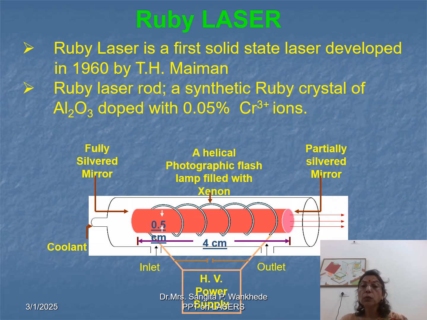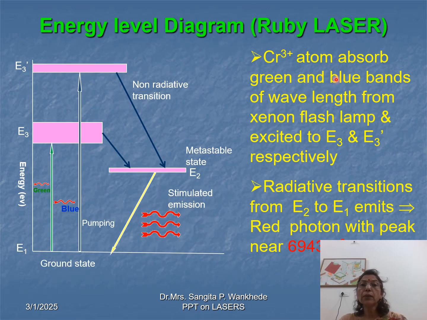So we will discuss its working using this energy level diagram of chromium atoms. Initially atoms are in the ground state E1. It uses the 3-level pumping scheme. Here E3: a chromium atom can absorb the green and blue components of the white light incident on the ruby crystal.